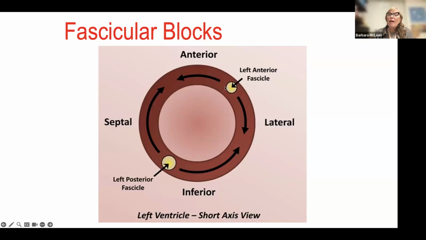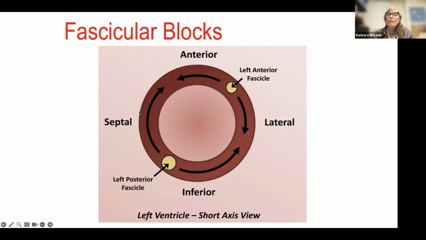So the anterior fascicle electrically activates the heart from anterior towards posterior, starts at the anterior, goes to the posterior. That's what this is designed to show you. And the posterior fascicle starts at the posterior and moves to the anterior. So when they are both occurring, the visualization of them independently is canceled.